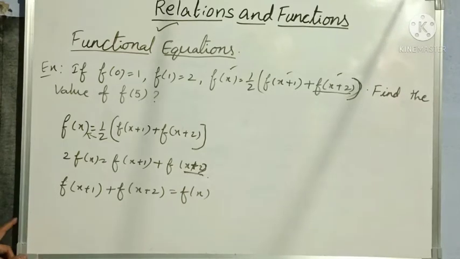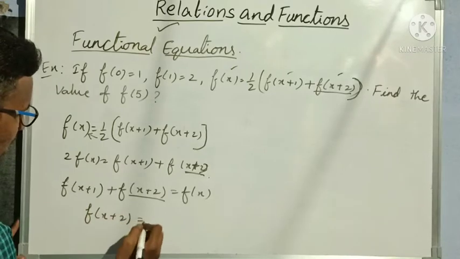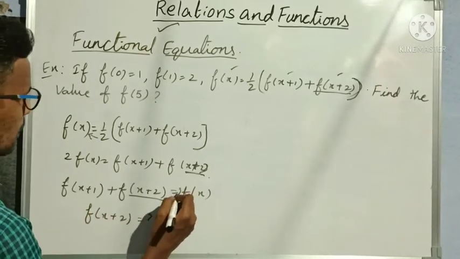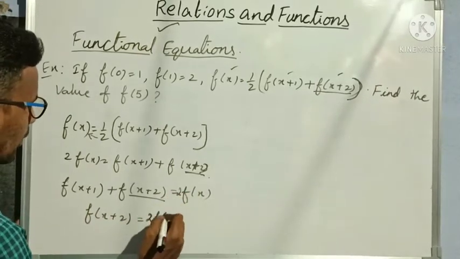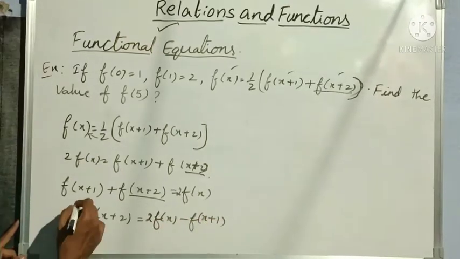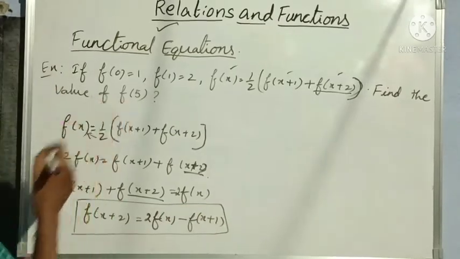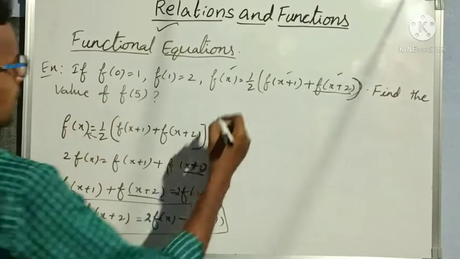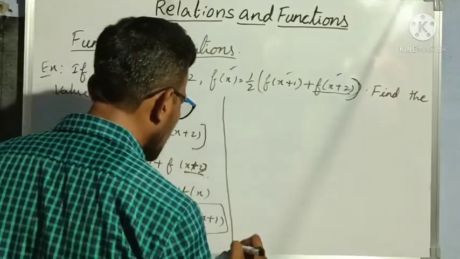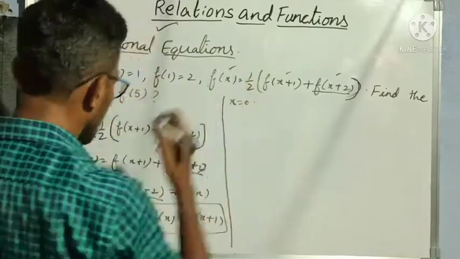Now I want only f of x plus 2, so f of x plus 2 is equal to 2 into f of x minus f of x plus 1. So this is the simplified equation. From this equation we have to find out the f of 5 value. So first let us start from f of 2. I said iteration method, no? So first let us take x is equal to 0.